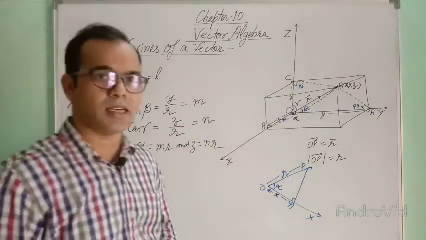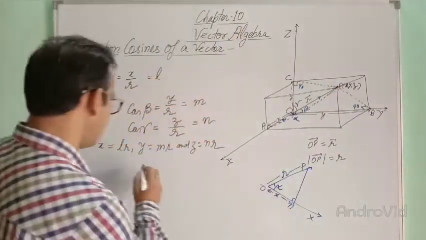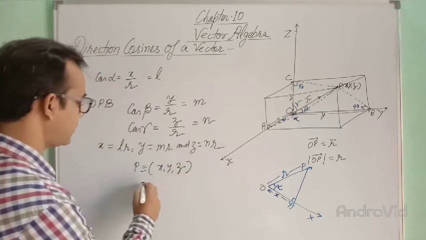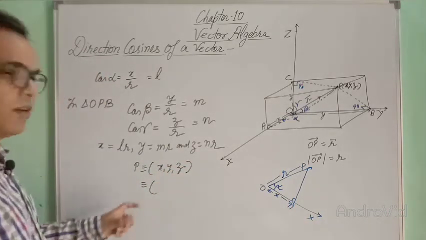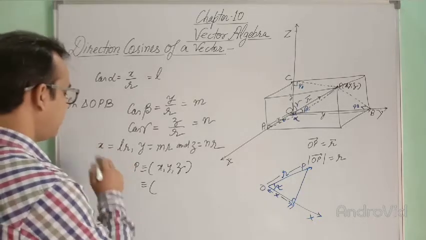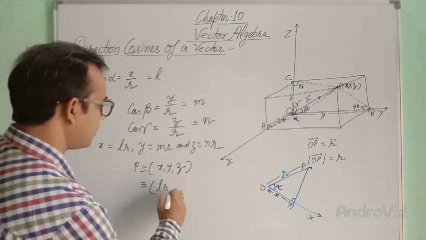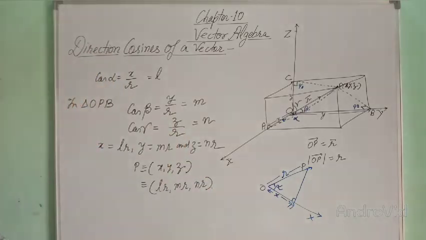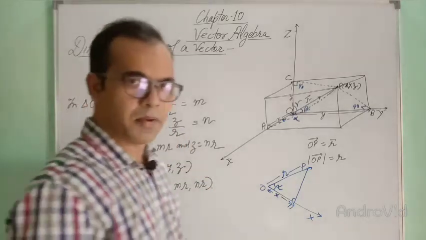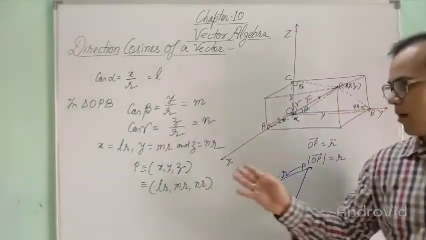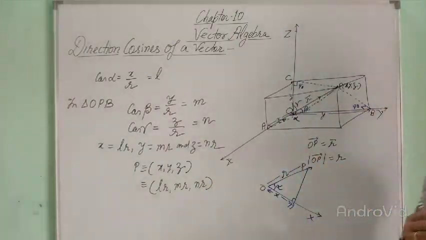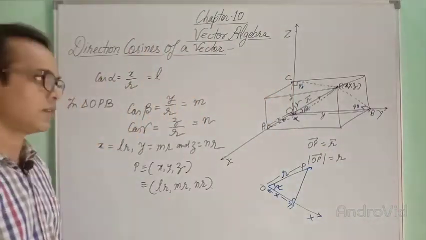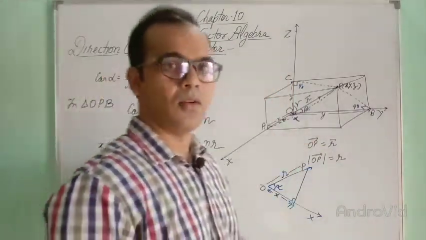Since P is the point that is having the coordinates x, y, z, we can also say that the coordinates of the point P may be termed as LR, MR and NR. This is another way of writing the coordinates of the point P: LR, MR and NR, where L, M, N are the direction cosines of the vector R and R is the length of this vector OP.